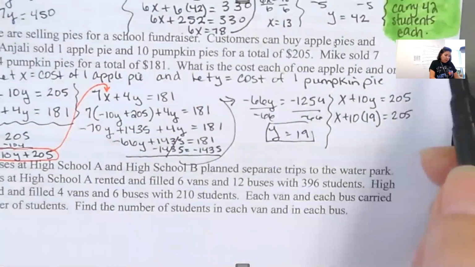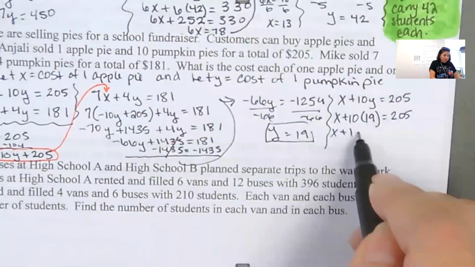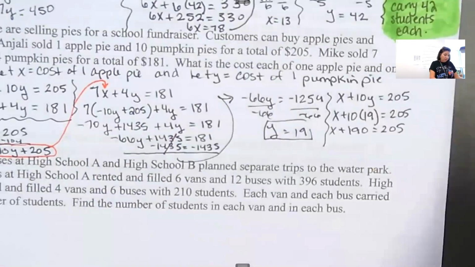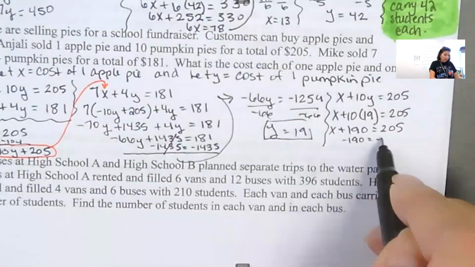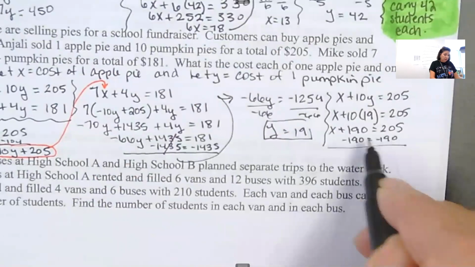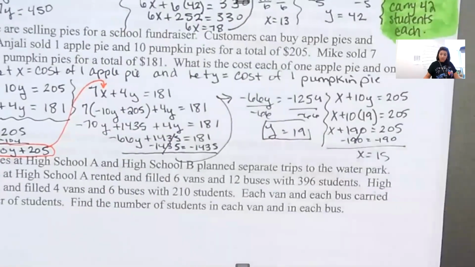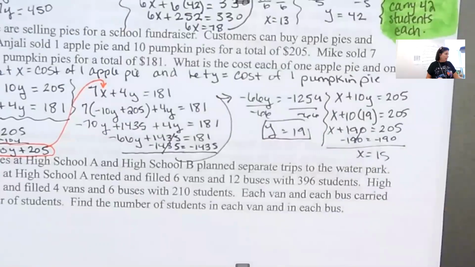So X plus $190 equals $205. Okay. 15. That's what my calculator says.